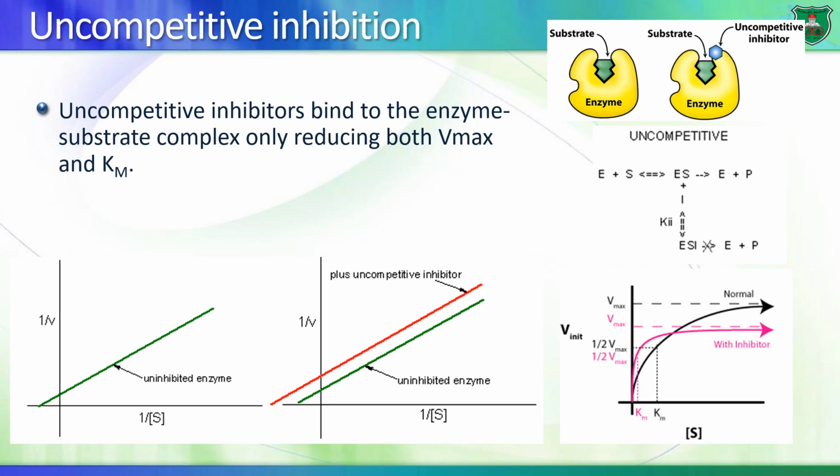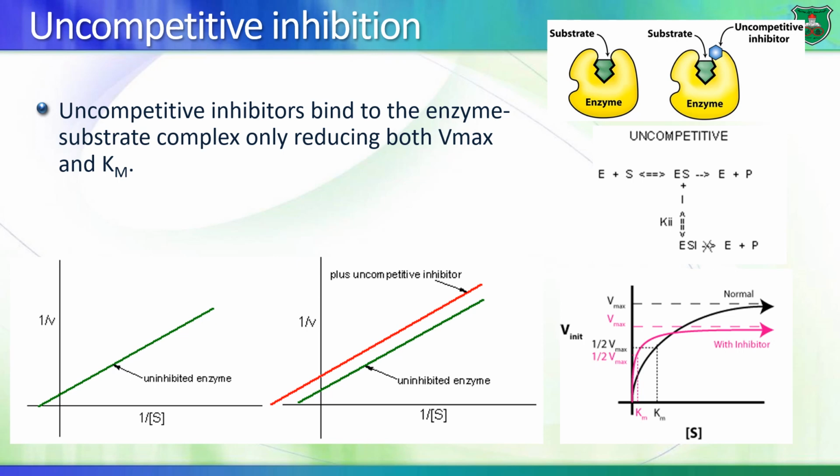Now, the third type of inhibition is known as uncompetitive inhibition. And linguistically, uncompetitive and non-competitive are the same. But to differentiate between the two types of inhibitors, non-competitive and uncompetitive, different words have been used.